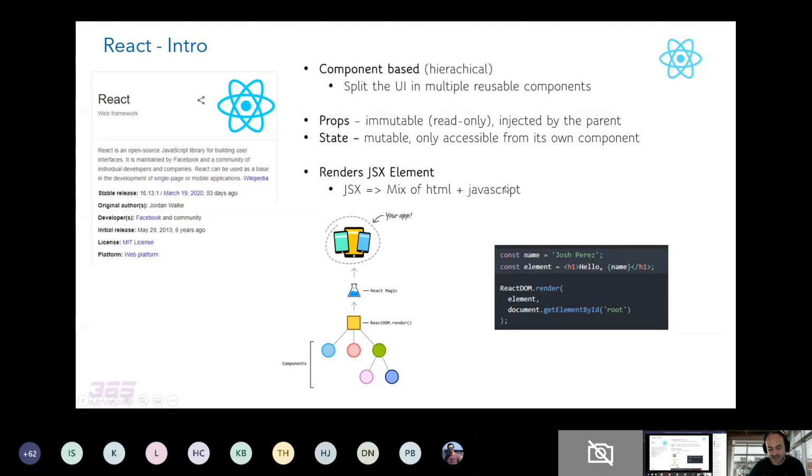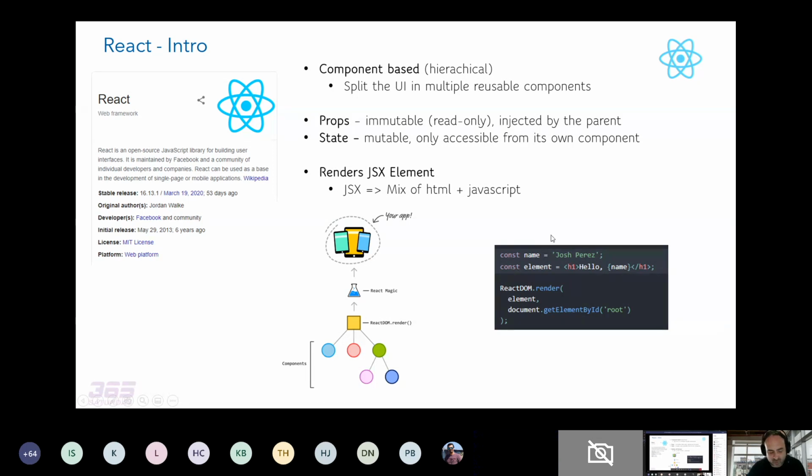So in the same file, you can have all your JavaScript logic, and in the return of your function or the rendering method, you will have these kind of HTML-like tags where you can inject some variables or some logic in there.